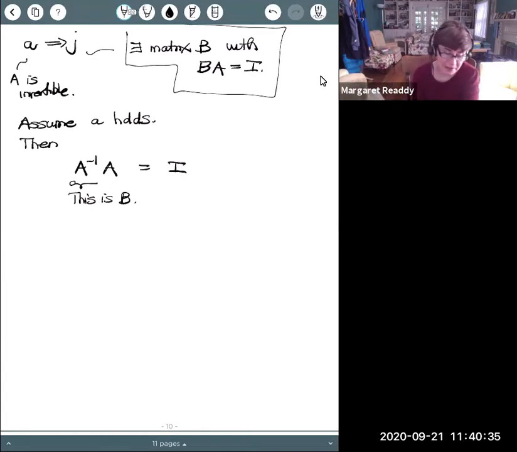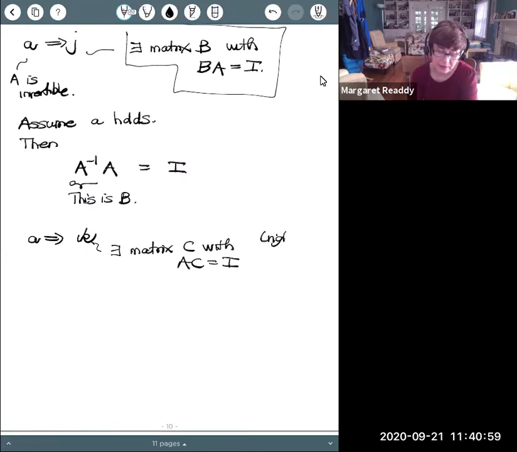Okay, so now let's show A implies K. K says that there exists a matrix. This backwards E in math, we write this also for there exists. It's a fast way to say it. There exists a matrix C with A times C is the identity. This is called a right-hand inverse.